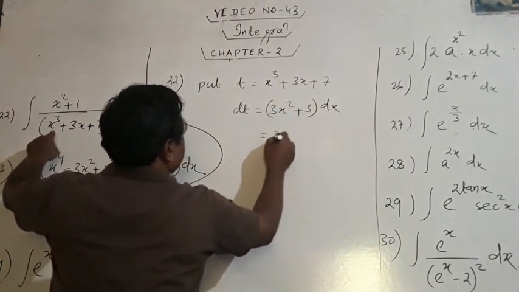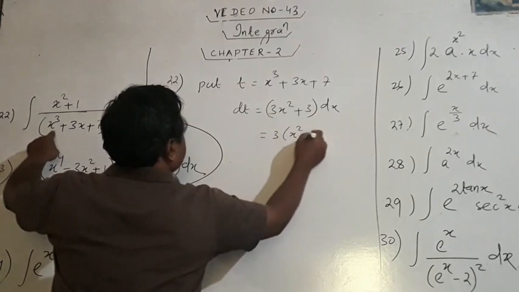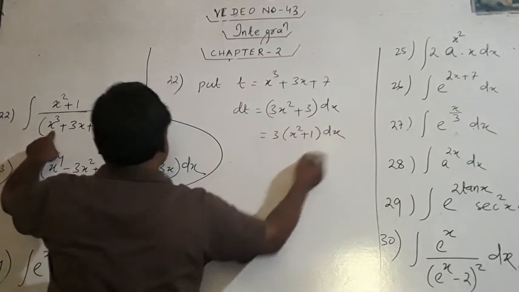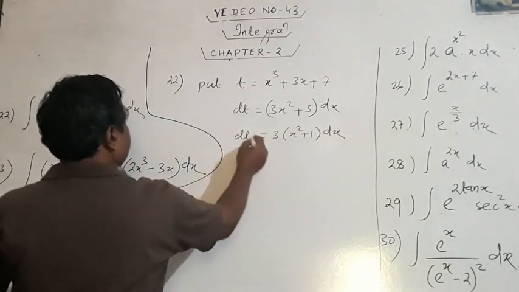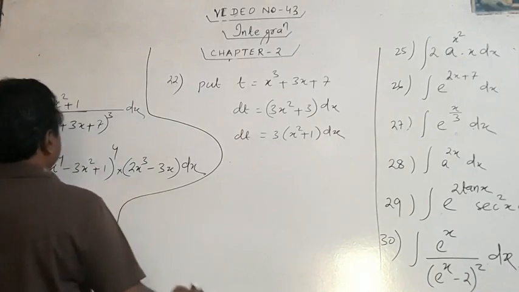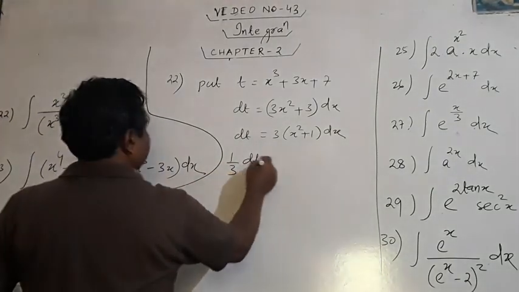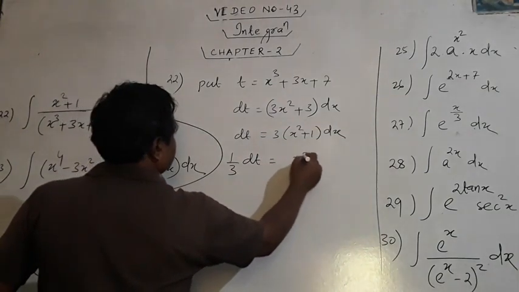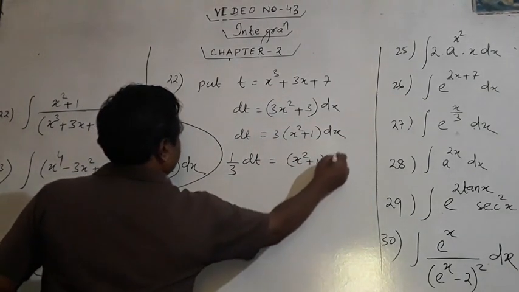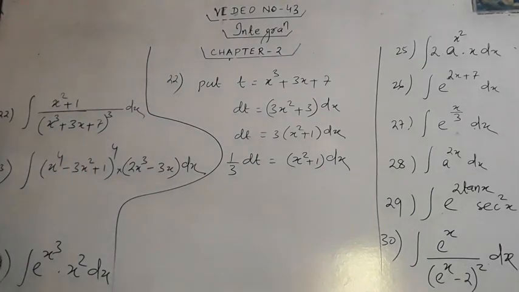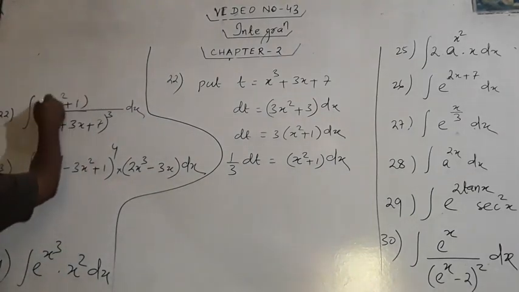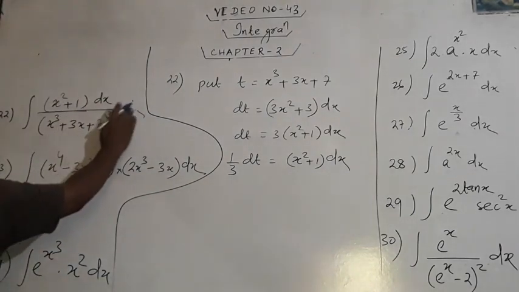It is 3 into (x square plus 1) dx, so dt is this. And in place of (x square plus 1) dx, we have to write 1 by 3 dt. So here in this problem number 22, what you have to put here?